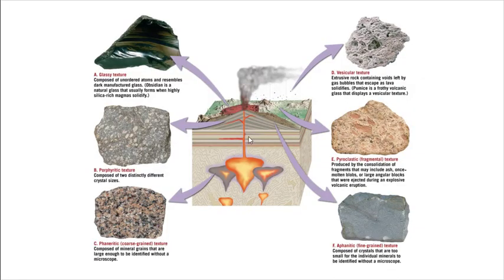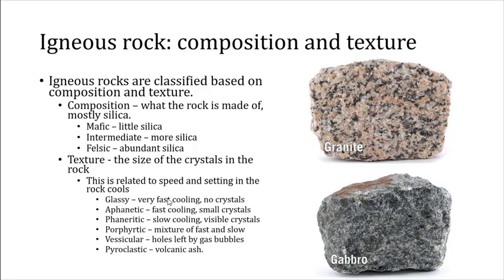So if the rock is cooling slowly underground, we've got a hypothetical volcano here, but you need not have a volcano. You could just have a body of magma underneath there, cooling slowly. That underground setting produces slow cooling, which produces visible crystals and therefore a phaneritic igneous rock.